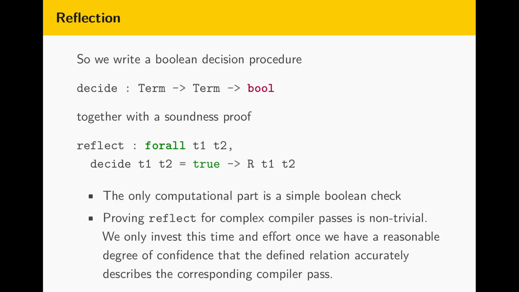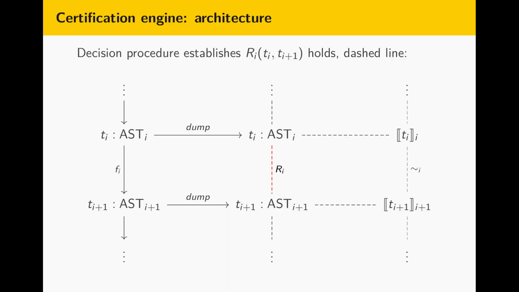However, proving this reflect property for complex compiler passes is not simple, and we only invest the time when we have a reasonable degree of confidence that the relation expresses the compiler pass. So the decision procedure can establish that the translation relation holds for two subsequent programs, and this is indicated by the red line in the diagram.